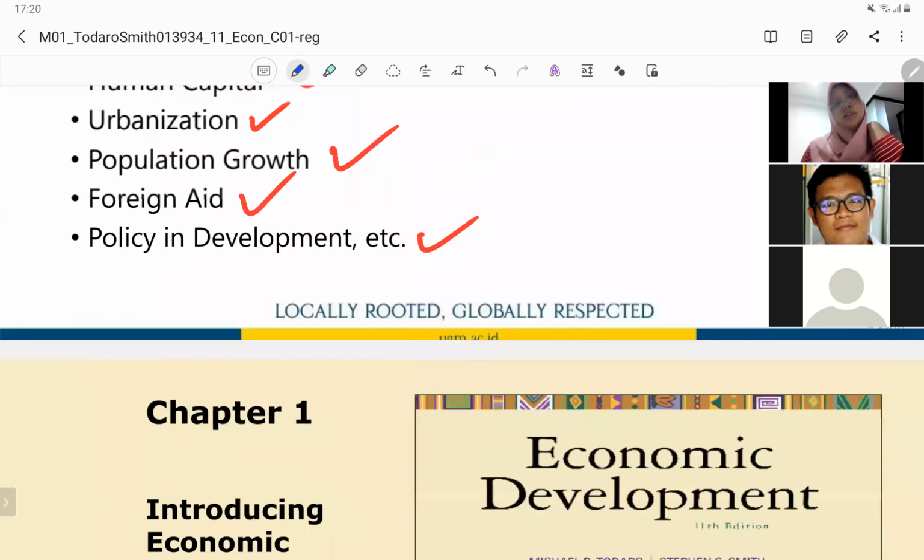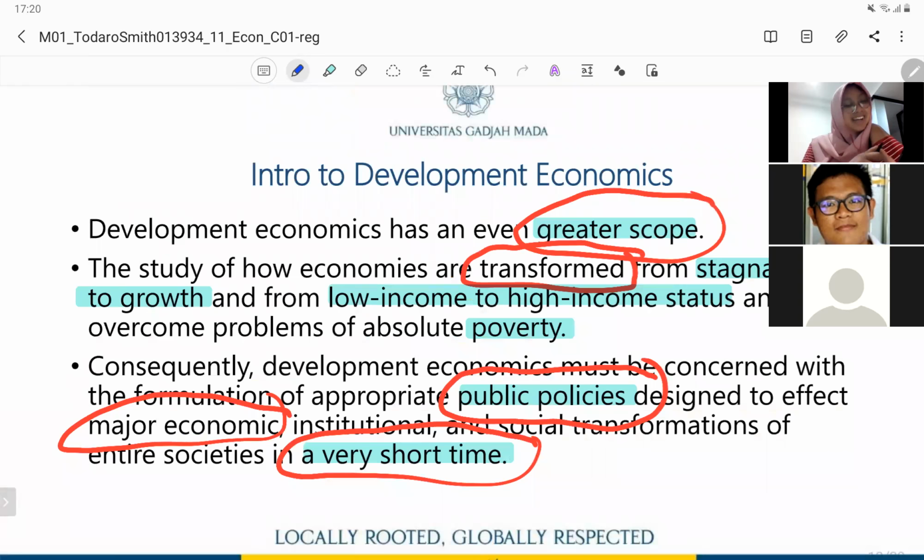Like I said before, your exam is most likely going to be multiple choice. Because this is an online class, daring, or dalam jaringan, your exam is going to be open book. Nevertheless, even though it's open book, I hope you do not take it lightly. I will use Google Form for your exam, and in the Google Form I will put a timer.